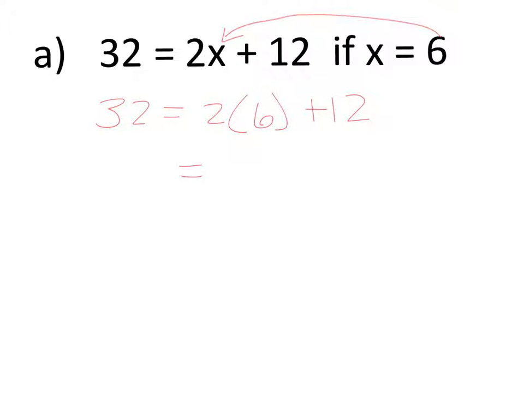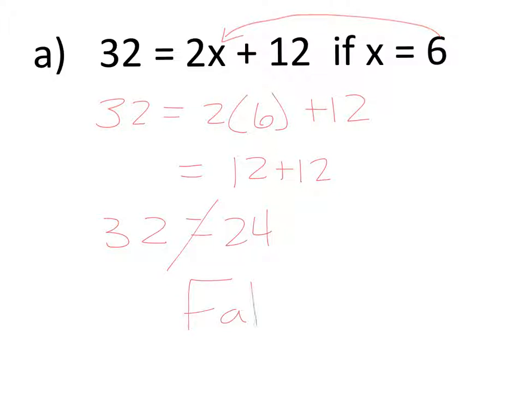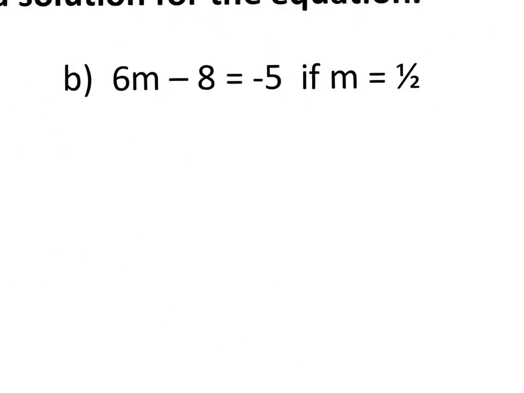So 2 times 6, you got to follow your order of operations. 12 plus 12 equals 24. So now if I'm going back and looking at this, does 32 equal 24? No, it does not. So that is a false statement. Or you could say, no, it is not a solution.